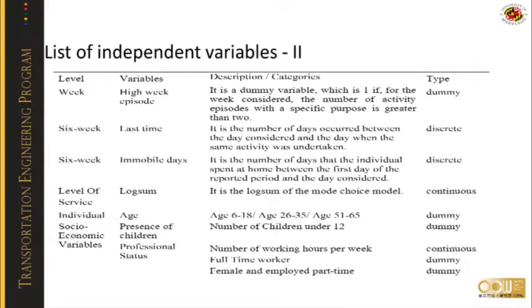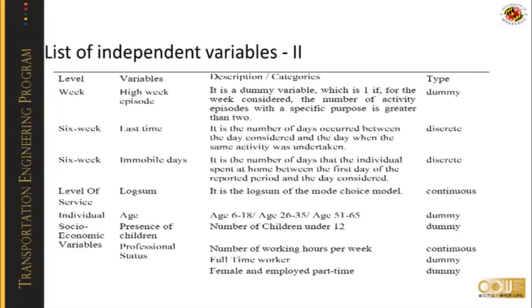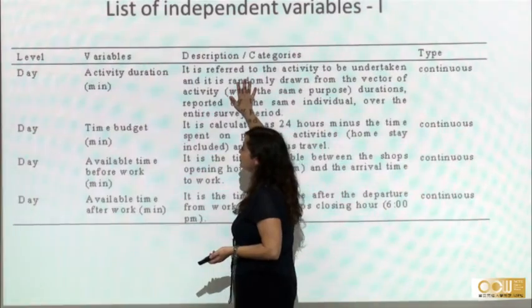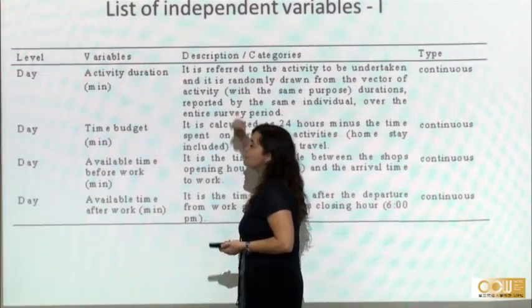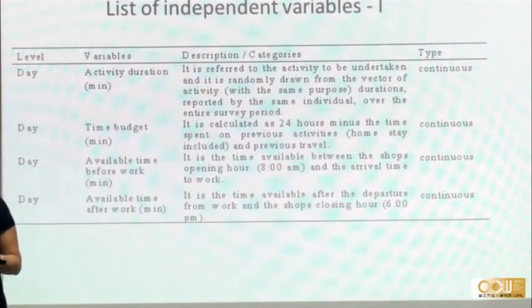Okay, so this is the list of independent variables that I have constructed, and I have variables that refer to the day, to the week, and to the 6 weeks. However, I want to point out that there are some limitations here. First of all, you see that activity duration, time budget, especially activity duration, is considered like an exogenous variable.